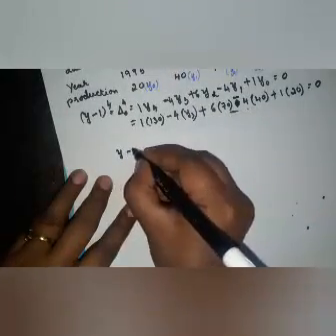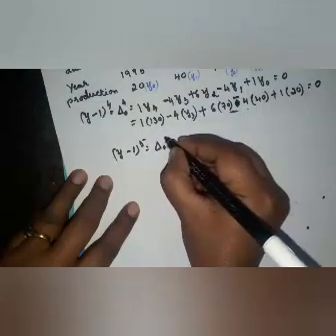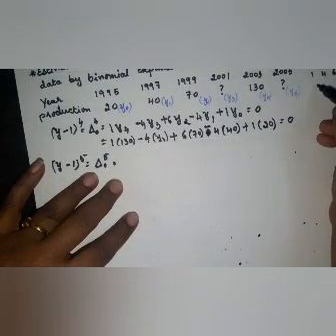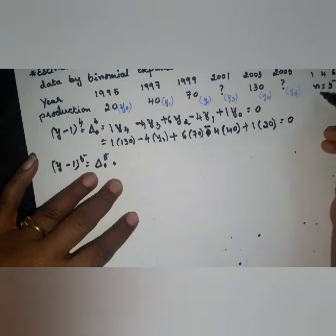Then we will move to the production for the year 2005. (E minus 1) to the power of 5 is equal to delta to the power of 5, that is equal to zero. Take the Pascal's coefficients when n is equal to 5: they are 1, 5, 10, 10, 5 and 1.